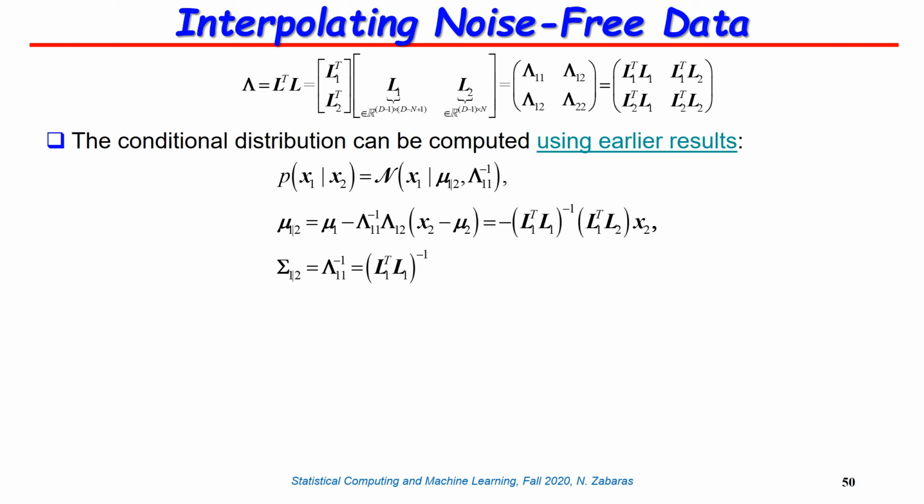So immediately we can write down the conditional of x1 given x2. It's a Gaussian, and effectively this Gaussian will allow us not only to figure out, at the grid points where we don't know the function, what the function values are as mean values, but also to say something about the error bars, the confidence on these predictions x1.